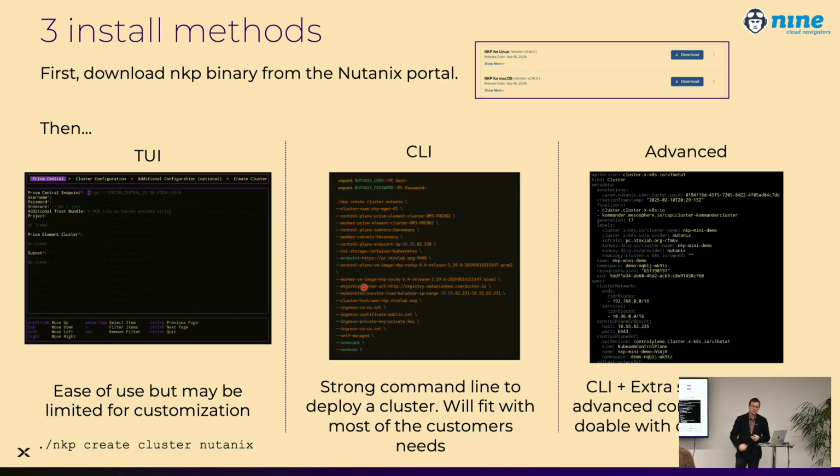If you're a little bit fancy like me, and I want to have control over it, I'm going to use the CLI for that. What that gives you is more control, especially as an example if we talk about ingress, right? What ingress engine am I going to use? Is it Nginx? Is it anything else? Here I have the possibility to configure that.